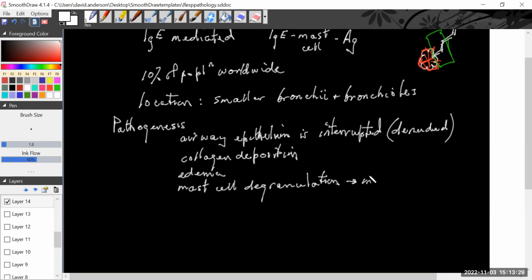That's where the inflammation and white blood cell activation comes from. Then we talk about the bronchospasm.